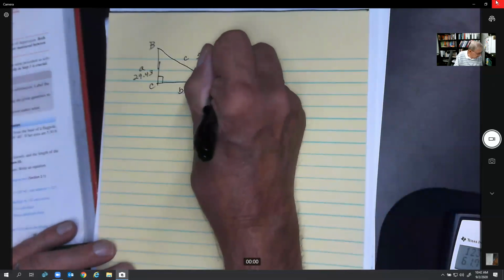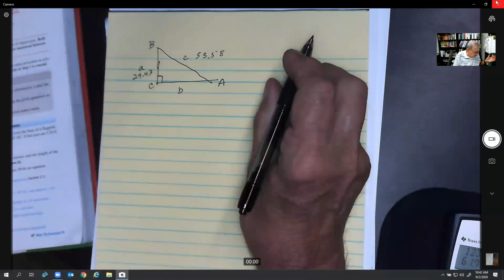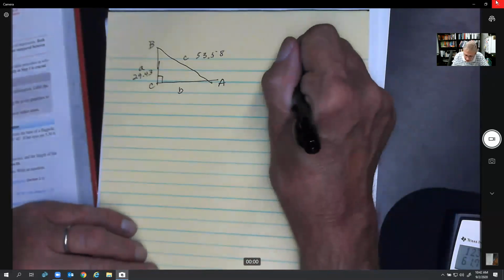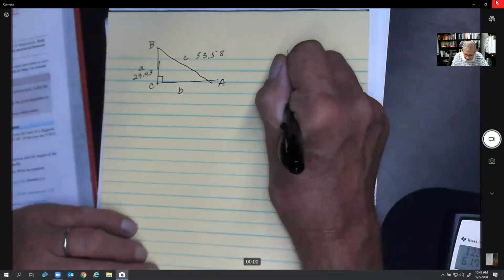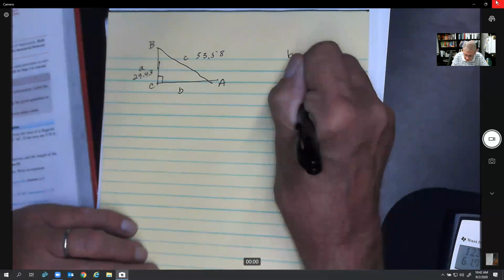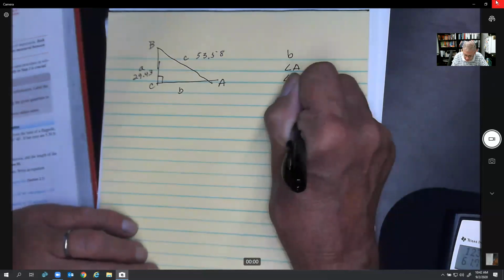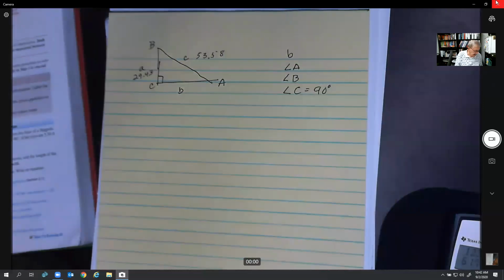It says A and B. So I want to find all the sides, all the angles. We need to find side B, angle A, and angle B. And of course, we know angle C is 90 degrees, so we already got that.